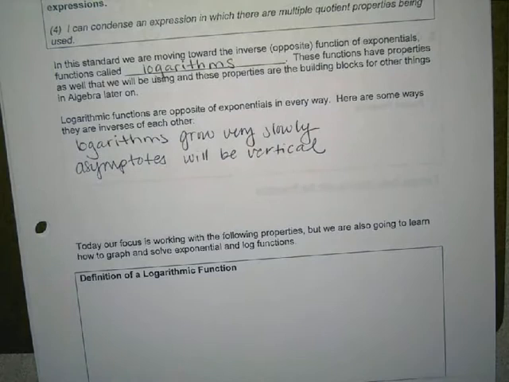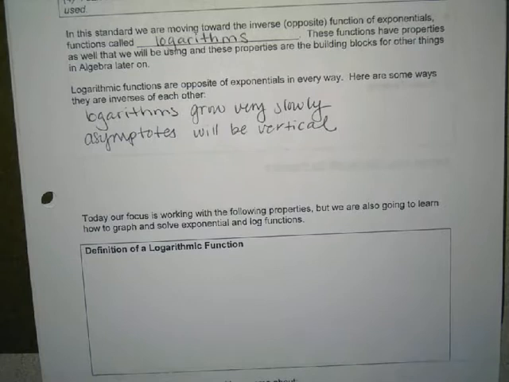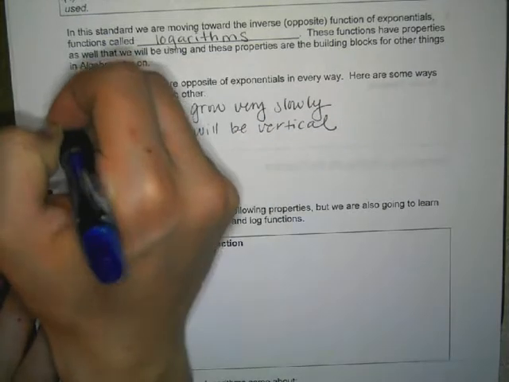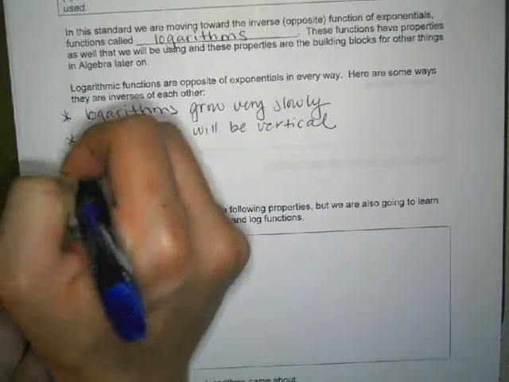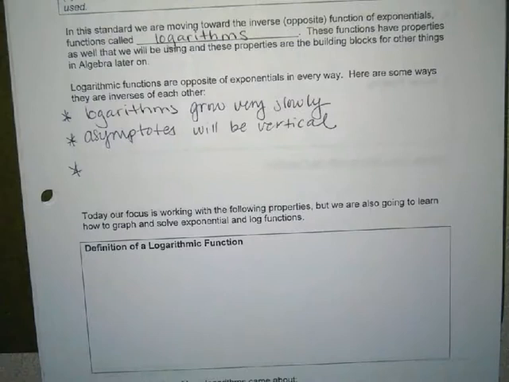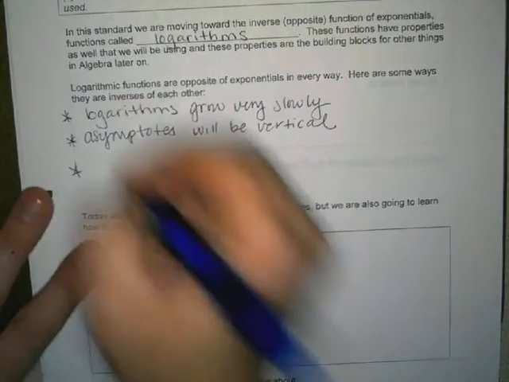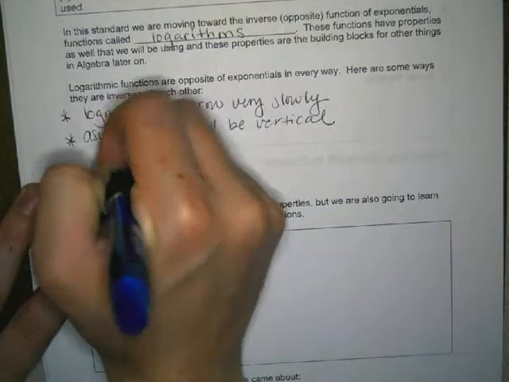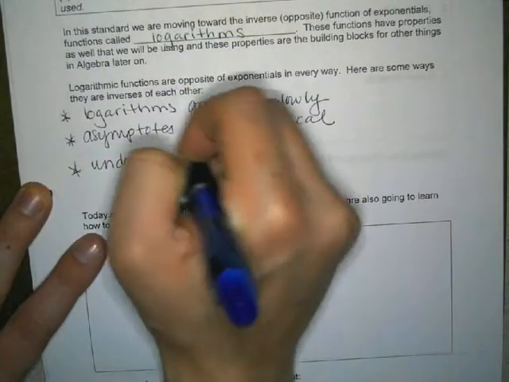With inverse functions, we didn't have to do this for the last standard or for the last unit, but with inverse functions, they are opposites because if you were to plug them into each other, then they cancel everything out except for your x. So we actually use that to our advantage when we solve these later on. But one of the main other ways they're inverses of each other is that they undo each other.